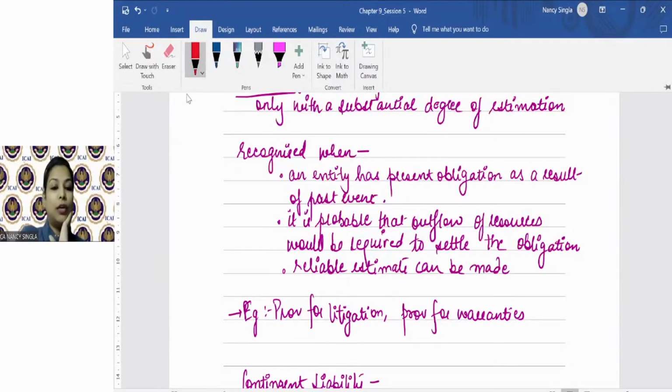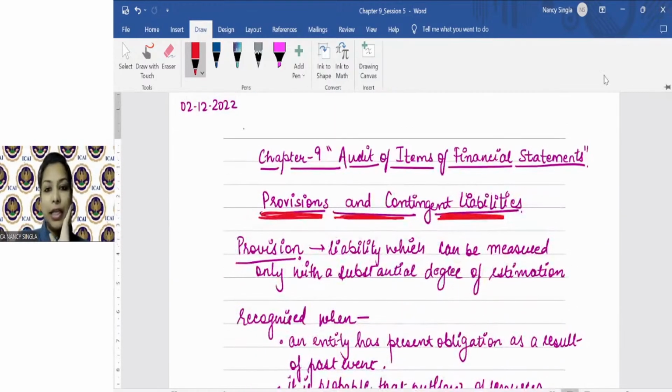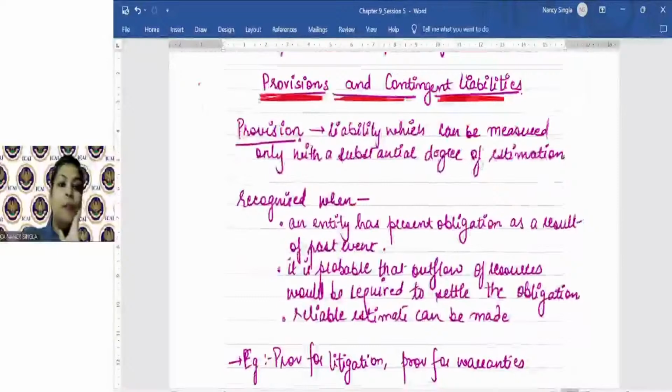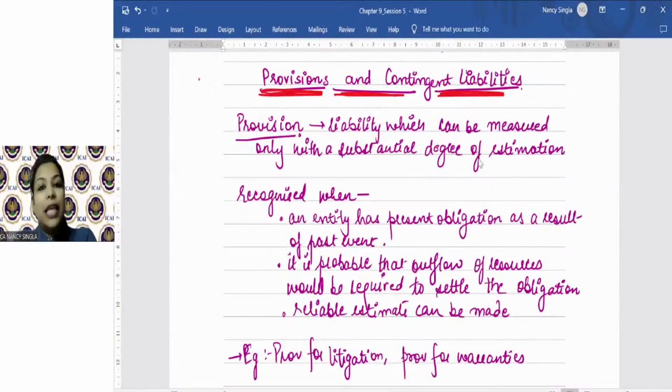ठीक है? Now चलो, let's start with the next topic for today, which is the last topic for today. One of the balance sheet captions that is left in this chapter is the audit of various assertions of provisions and contingent liabilities. ठीक है?